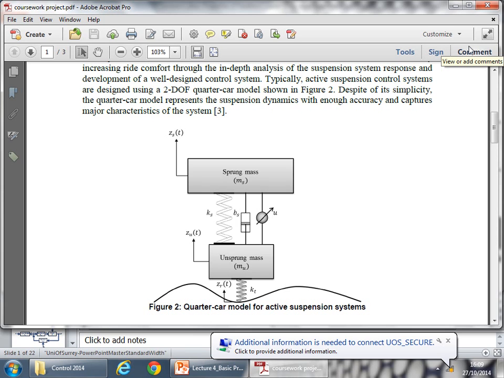So sprung mass MS shows the chassis mass. We model the tire with another mass, the unsprung mass. The suspension can be modeled by a linear spring and damper, and the tire as well can be modeled by a linear spring.